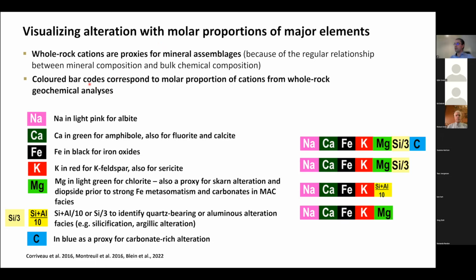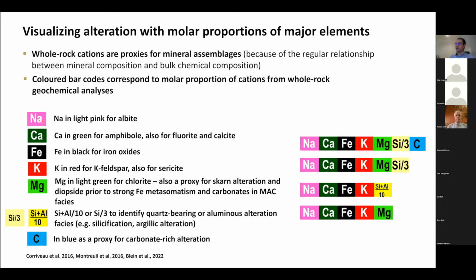The color coding is also important because it generally matches the visual expression of these different styles of alteration that we can see in host rock. I'm presenting it here too because in the next slide, it's going to be used in order to define the chemical attributes of certain facies of alteration and their association with the specific metal assemblages.